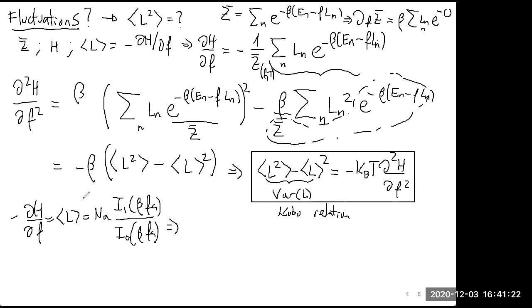The second derivative is taking one more derivative of this because we have already done one. So minus the second derivative of H with respect to F squared equals. So I take the derivative. Every time I take a derivative with respect to F, there will be a beta a coming out. Beta a will be a divided by kBT.